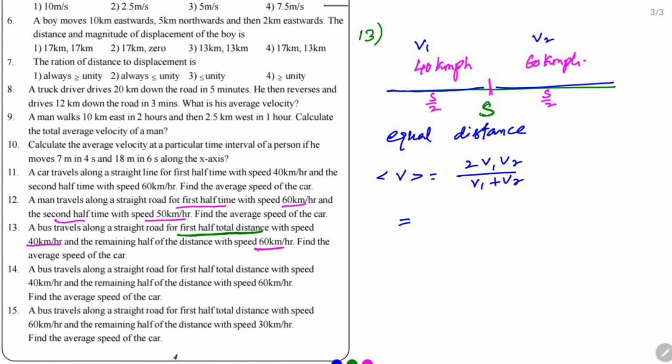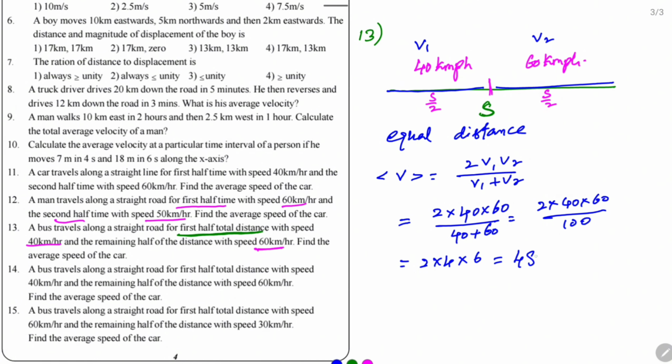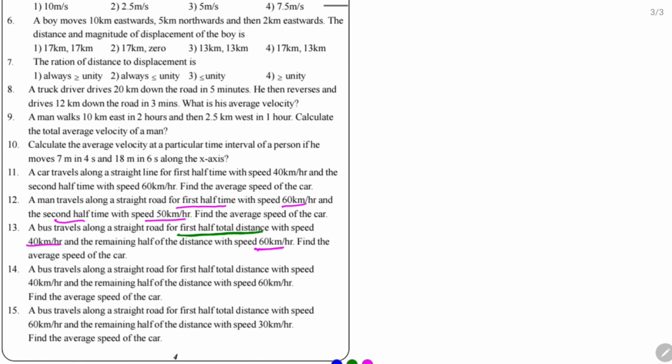So now substitute the values: 2 times 40 times 60 divided by 40 plus 60, which is 2 times 40 times 60 over 100, which can be written as 2 times 4 times 6, which is 48 kilometer per hour. Clear? Very good. Next, question number 14. Questions 13 and 14 are same. You can leave this question.